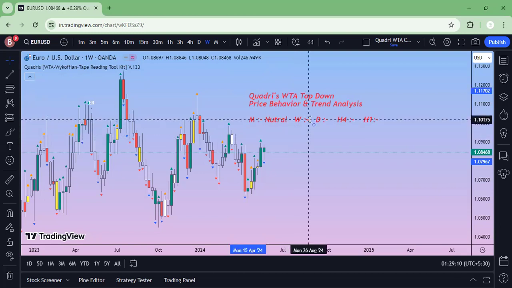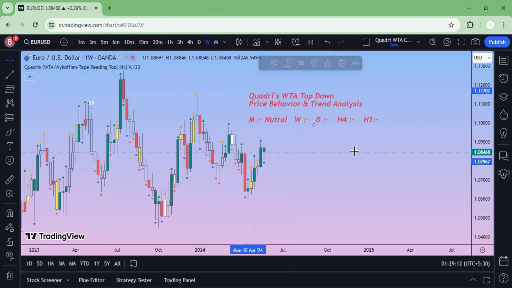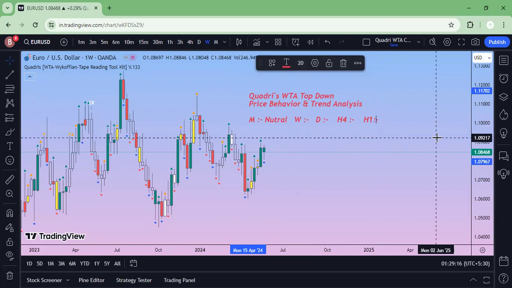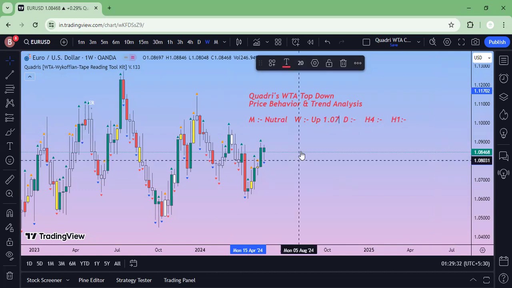So on a weekly, it's an up move. First price 1.07. Let me check first.